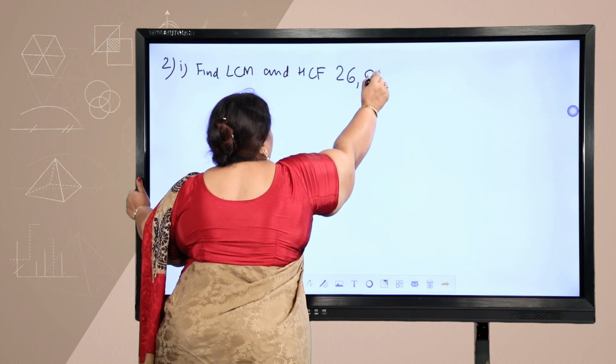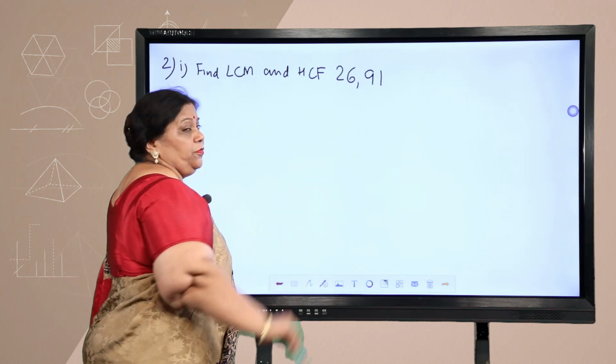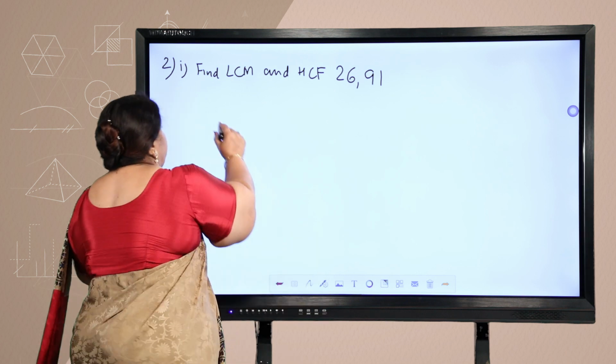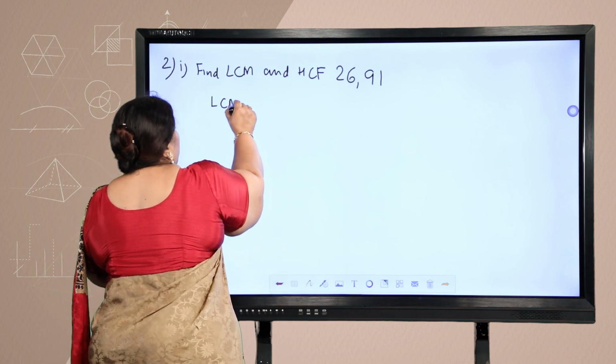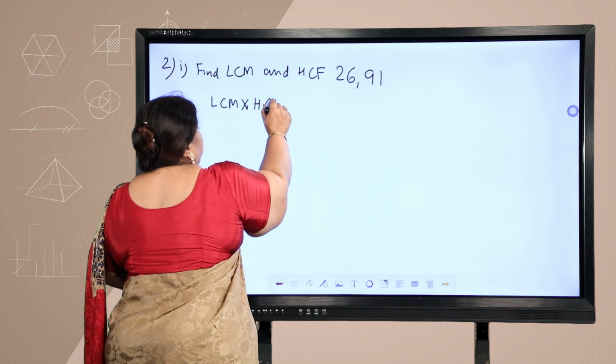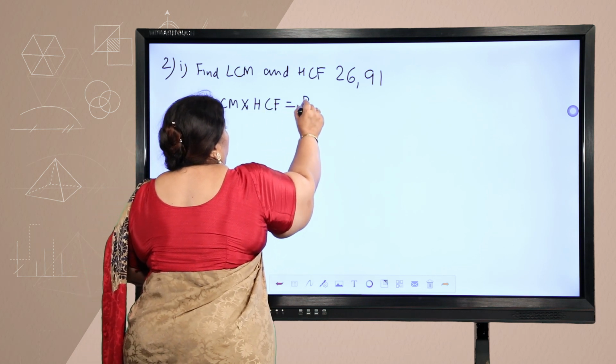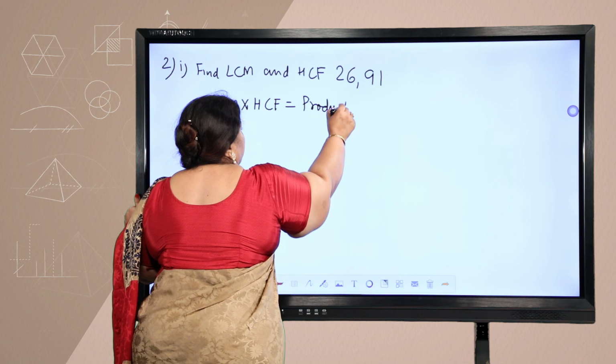We are supposed to verify the important result which says LCM into HCF is equal to product of 2 numbers.